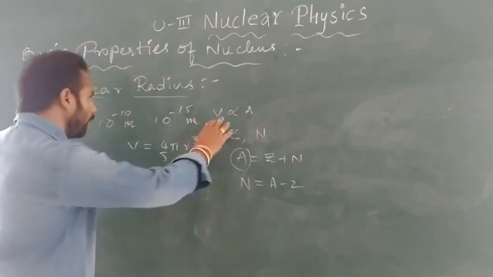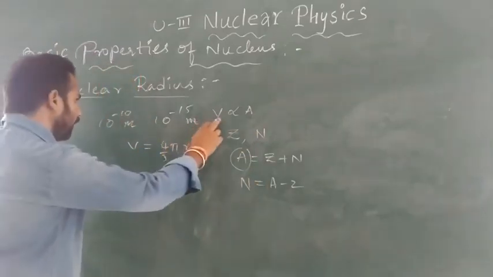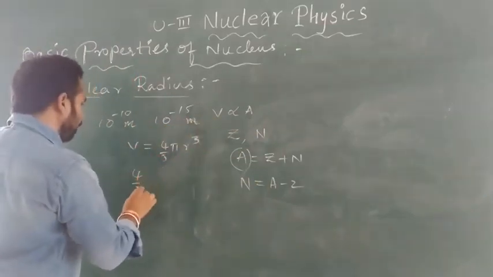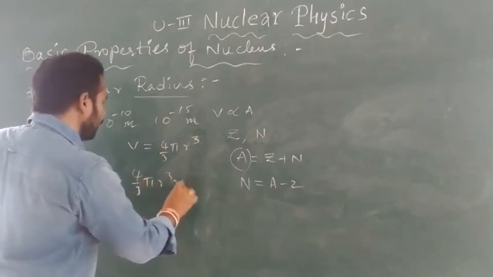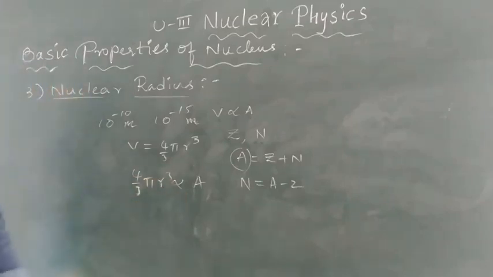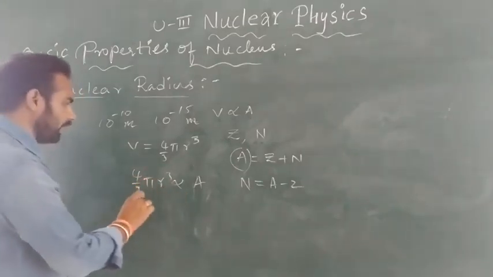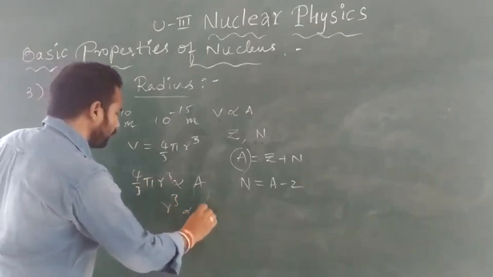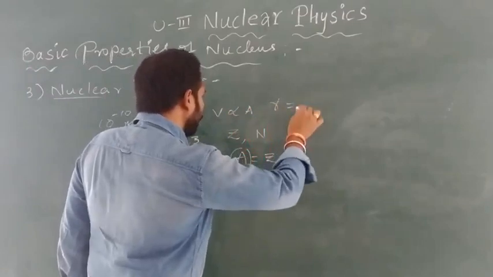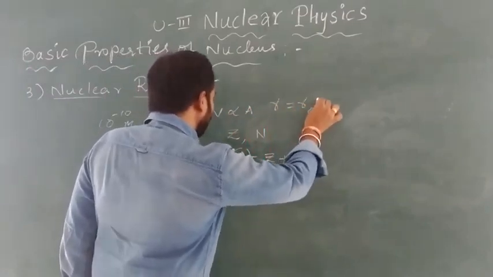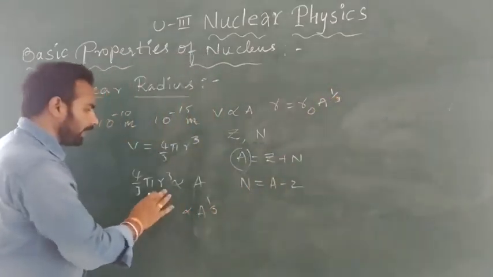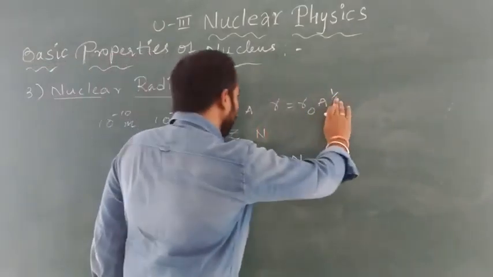Volume is 4 by 3 pi r cube, so 4 by 3 pi r cube is directly proportional to A. Here 4 by 3 pi is constant, so r cube is directly proportional to A. If you remove the proportionality constant, r is equal to r naught A power 1 by 3, when you send the cube to the other side.